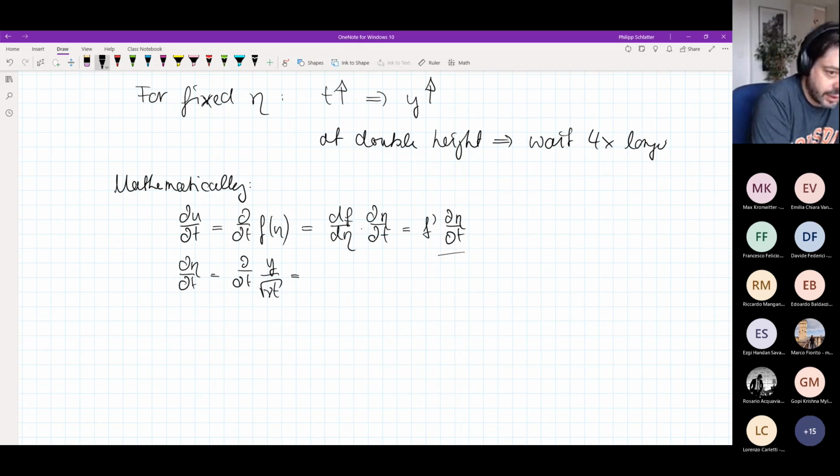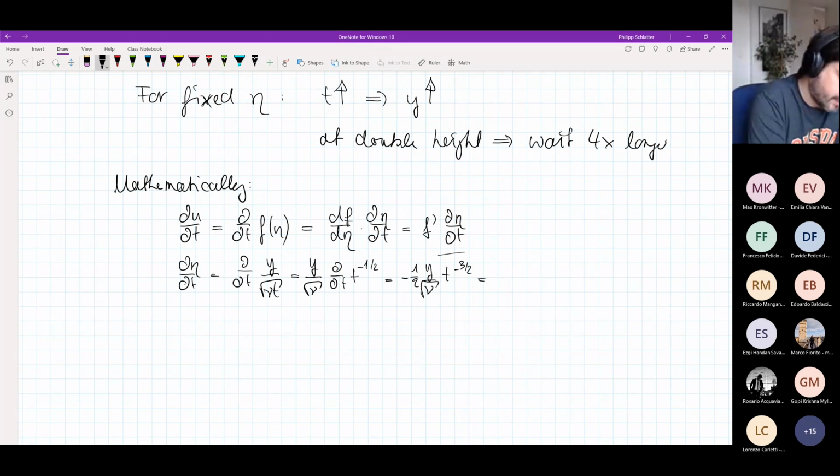If I'm now taking out everything that is constant, so y divided by the square root of nu times d dt of t to the power of -1/2, and I calculate that, it would be -1/2 of y divided by the square root of nu times t to the -3/2.